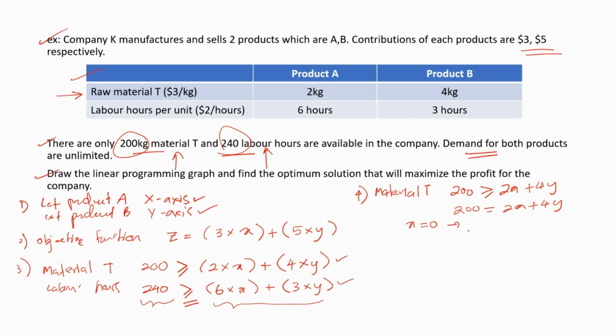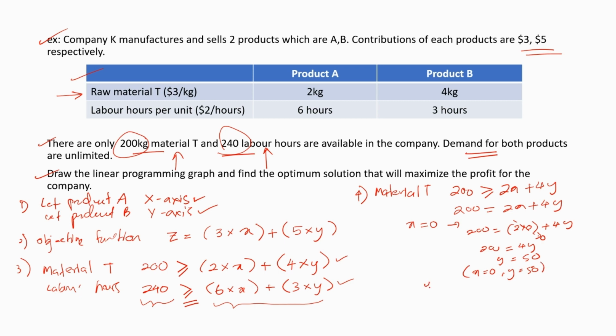So 200 is equal to 2 multiplied by 0 plus 4y, which is equal to 0. So 200 is equal to 4y. Y is equal to 50. So when x is 0, y is 50. This is one point.